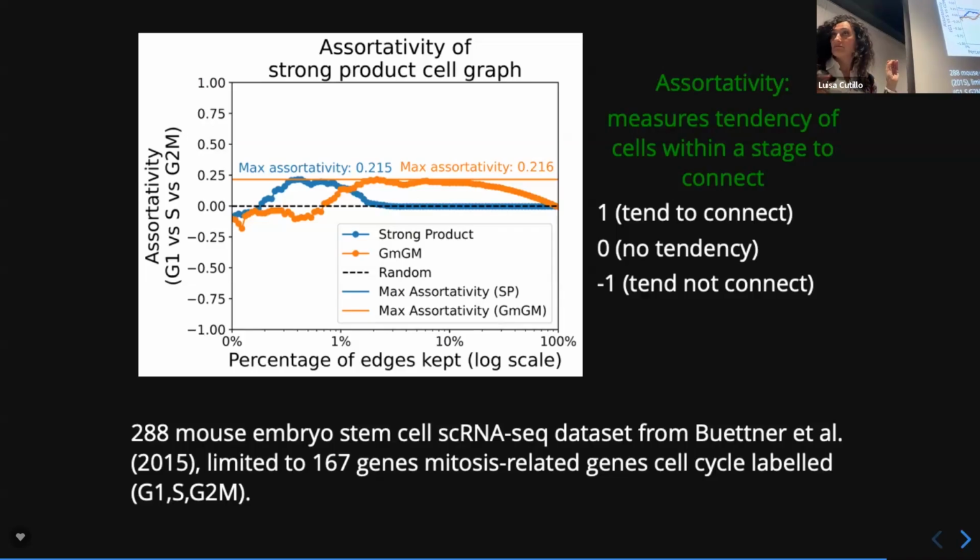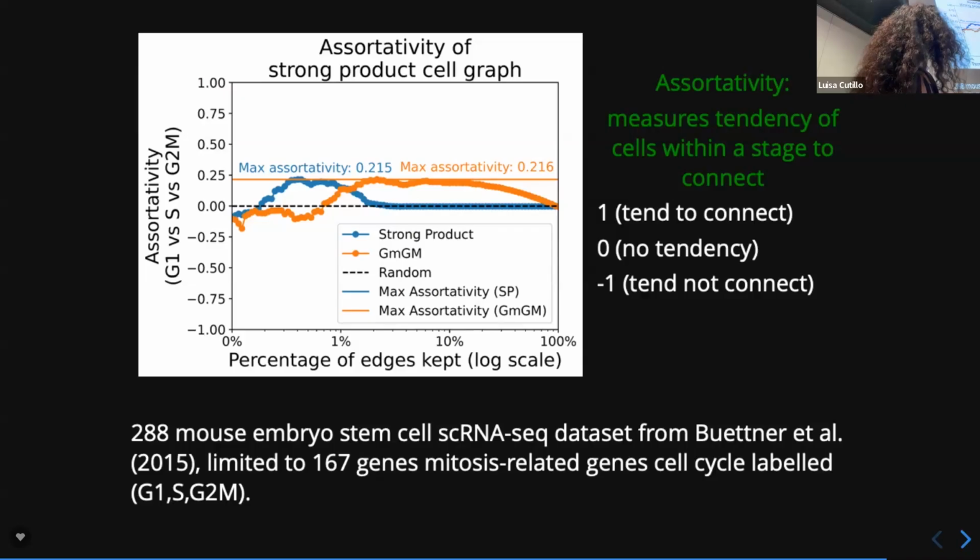It is between -1 and 1. 1 indicates that cells in the same stage tend to connect. -1 means they tend not to connect, that is, they tend to connect to cells in other stages. And 0 means there's no tendency you can find. It's a bit like correlation.